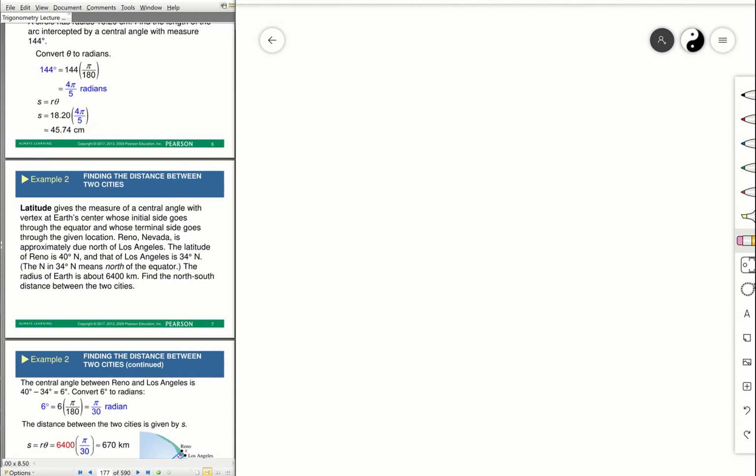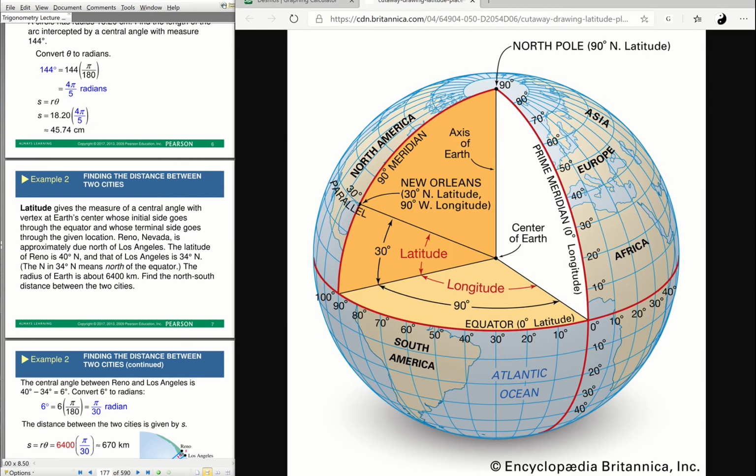Now, just a quick look at latitude in this beautiful image, courtesy of Encyclopedia Britannica. Notice that you can see the latitude right in here. So from the center of the Earth, if you connect a line to the equator, you can measure this angle that the terminal side would make, because this terminal side is connected to the city of interest, and that is latitude.